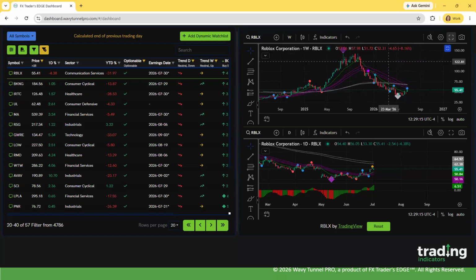When I say it looks less corrective, I like to see a nice ABC. This does look like an ABC. However, I prefer to see more of an A and then a B and then a C. This looks like a straight move down. So I would hold off on this one. And the wave is crossing down below the tunnel.